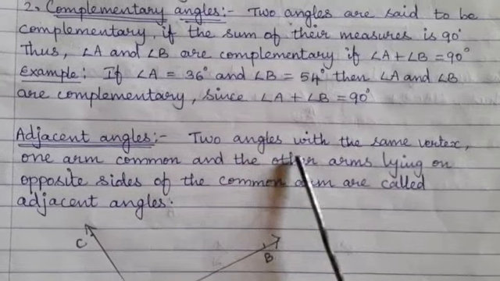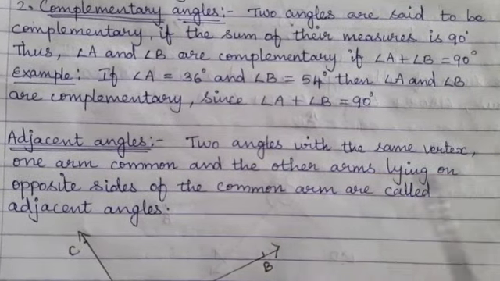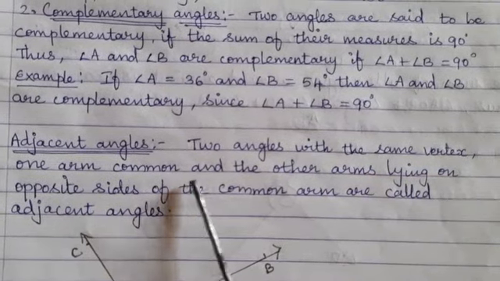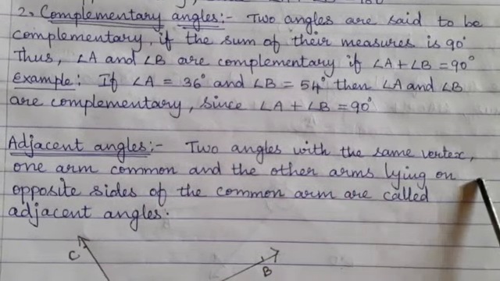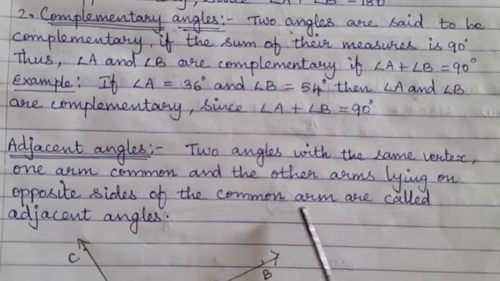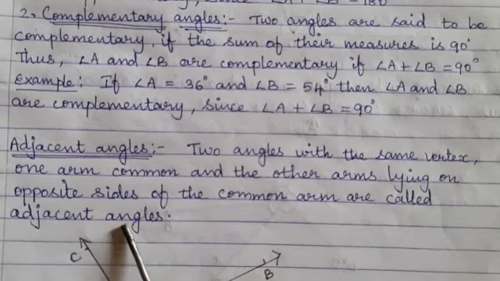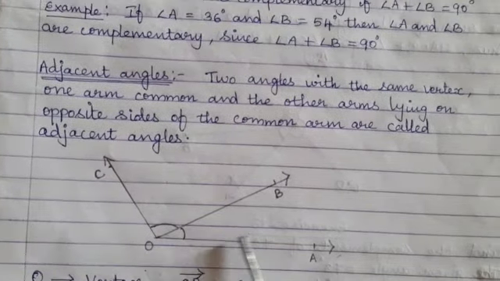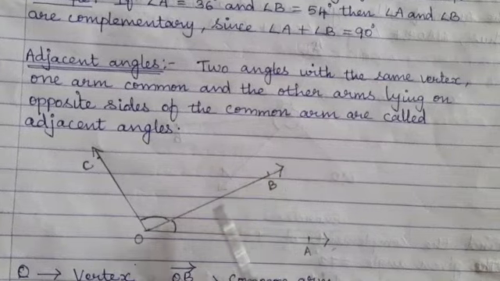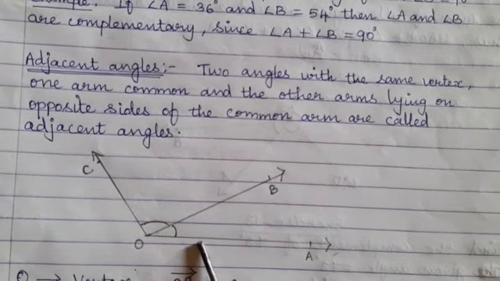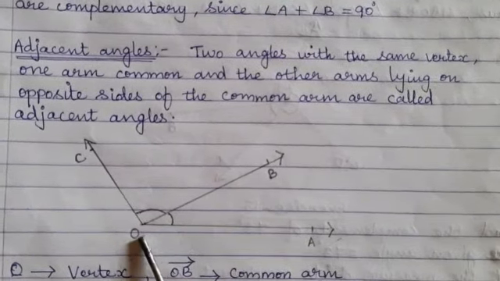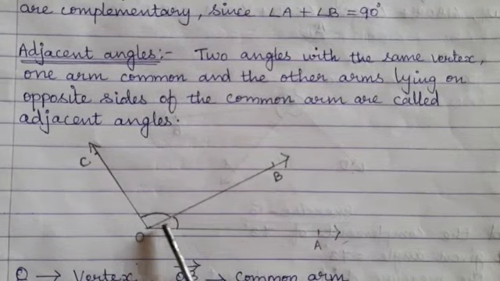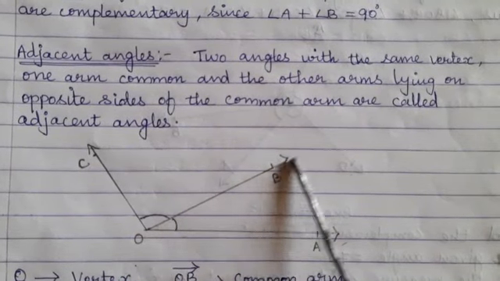Next type, adjacent angles. Two angles with the same vertex, one arm common and the other arms lying on opposite sides of the common arm are called adjacent angles. Just see this figure. Here there are two angles, AOB and BOC, having the same vertex O, and the common arm is OB.